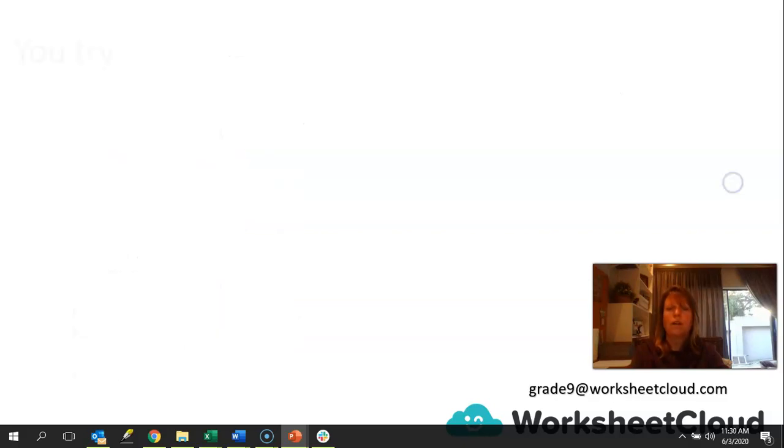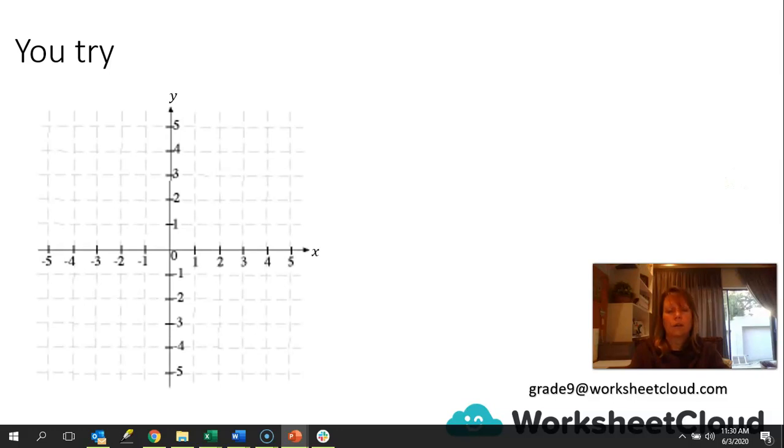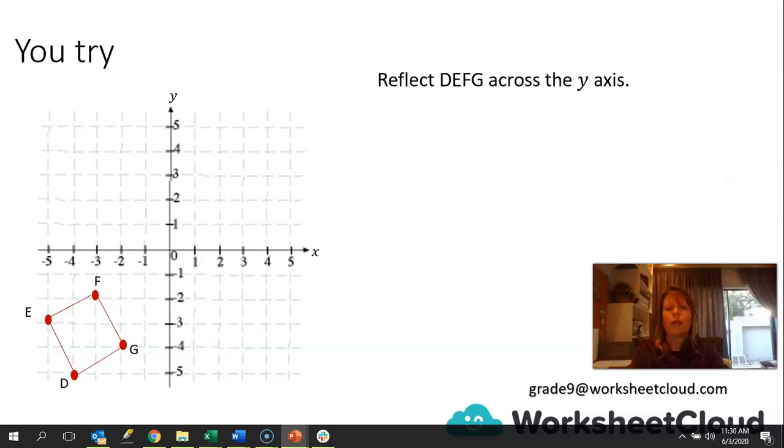Okay, so now you try. It's going to be a short try, this. So here we have our Cartesian plane again. We've got a shape D, E, F, G, and we're going to join the lines, and there you have your shape. And what I want you to do here is reflect shape D, E, F, G across the y-axis.